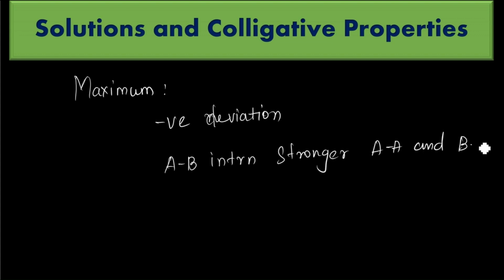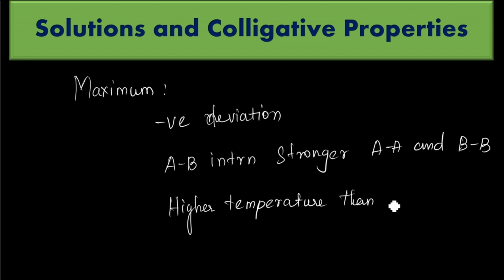Those showing negative deviation give maximum boiling azeotropes. Due to their lower vapor pressure, these azeotropes boil at a higher temperature than their corresponding pure components. So that is what a maximum boiling azeotrope is.